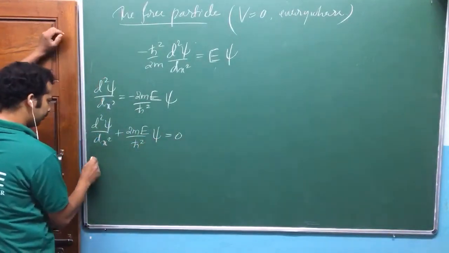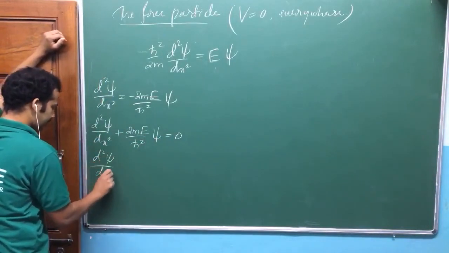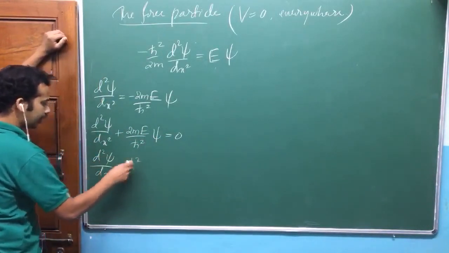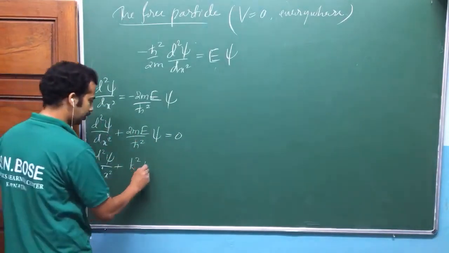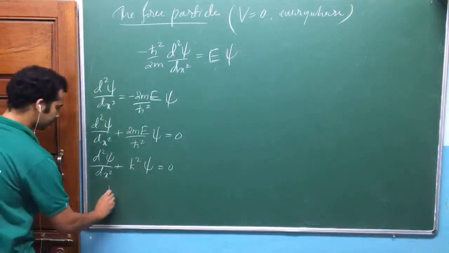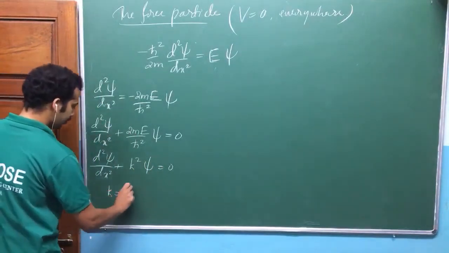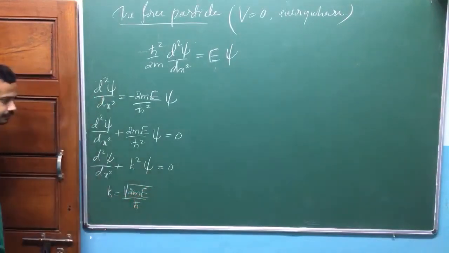Now again, as in our old idea, we take this as the square of some other quantity, so that the differential equation can be solved very comfortably. d square psi by dx square plus k square psi is equal to 0, where k is equal to root of 2m E by h bar square.